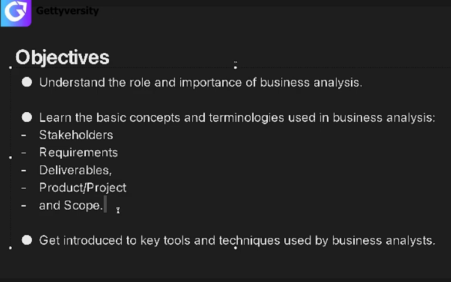So stakeholders drive the requirements, which define what needs to be delivered, right?